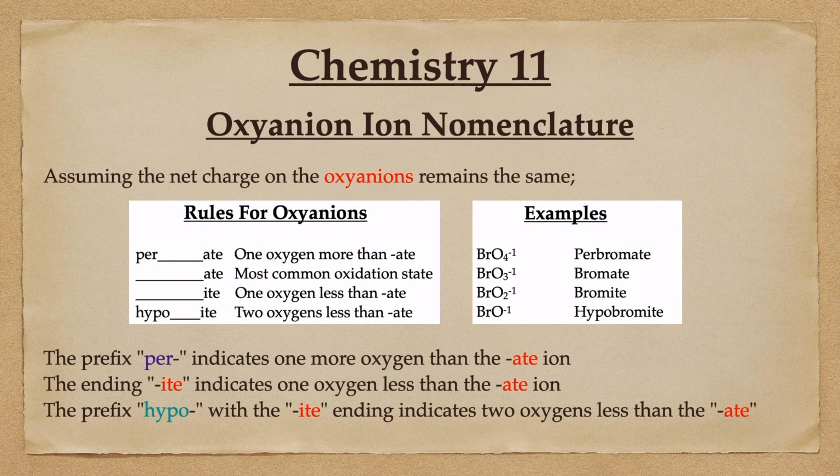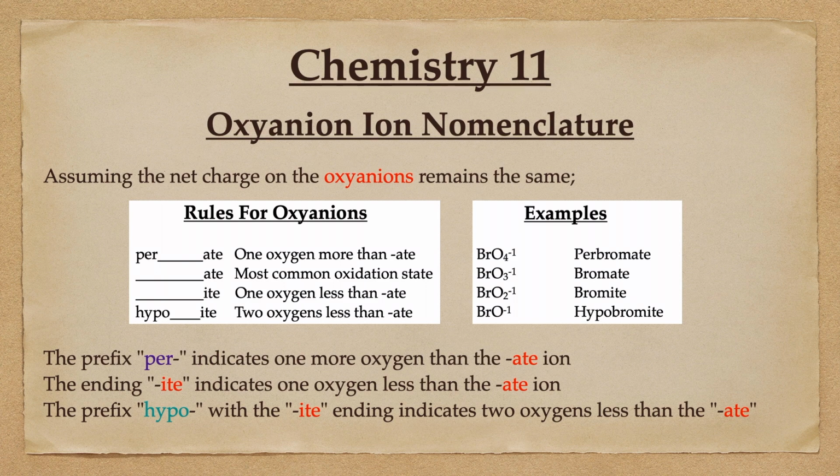When dealing with oxyanions, there are a few very simple rules that help us determine the names of many, many anions. Start with the most common oxidation state, ate. If you add one more oxygen to that structure, keeping the same charge, we indicate this with the prefix per, a per-ate, such as perbromate.